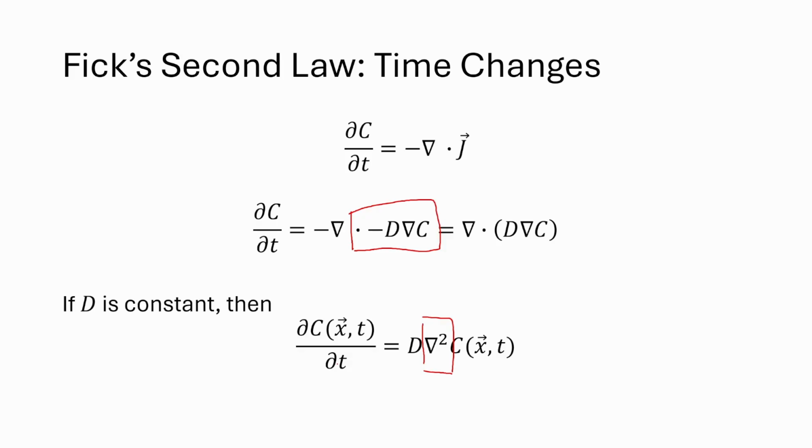And apparently, this means that the time derivative of the concentration at any point in space-time is going to be determined by the Laplacian, the spatial second derivatives of the concentration at that place and time. And then there's some constant of proportionality between them. Okay, weird? Well, no, actually.